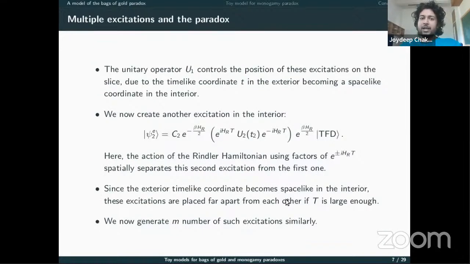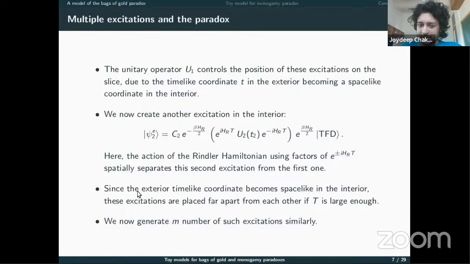Now one can place multiple excitations in a similar fashion, by utilizing the fact that the time-like coordinate t in the exterior becomes a space-like coordinate in the interior upon the propagation of these excitations. So we can create another excitation in the interior of this particular form, psi2, where the action of the Rindler Hamiltonian using factors of e to the power plus minus i HR t spatially separates the first excitation from the second one.